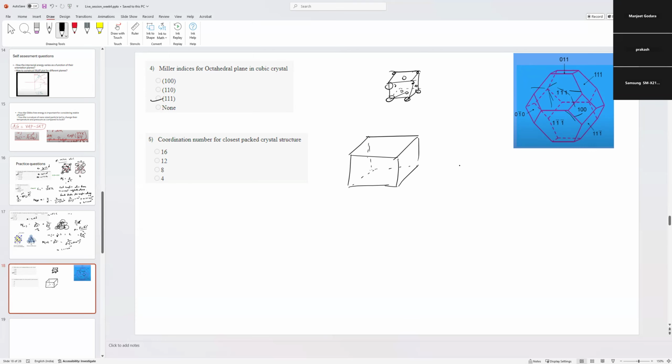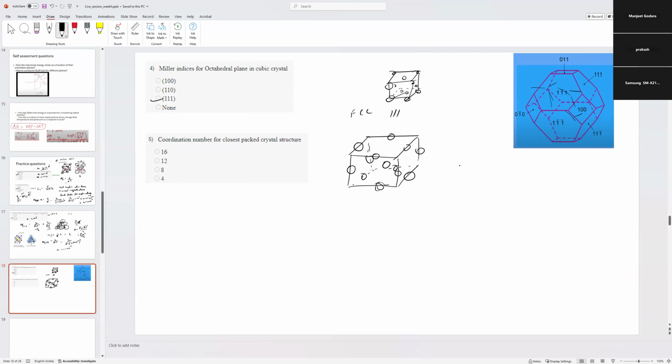But another way to draw the same FCC is one atom sitting at the center and four atoms sitting on all edges. So these are both equivalent FCC.